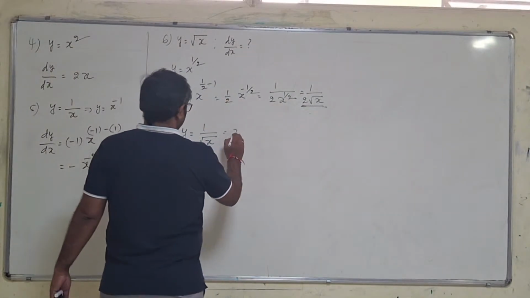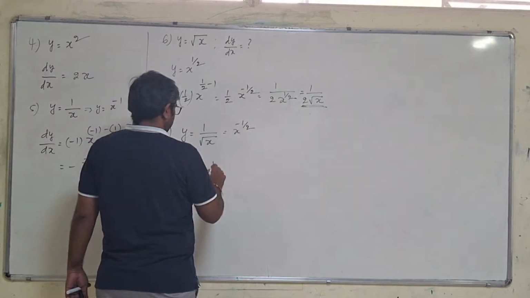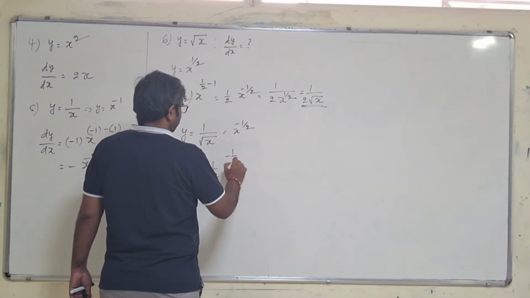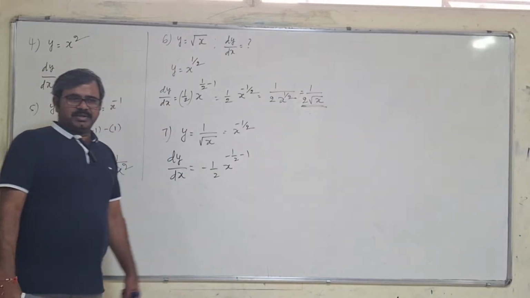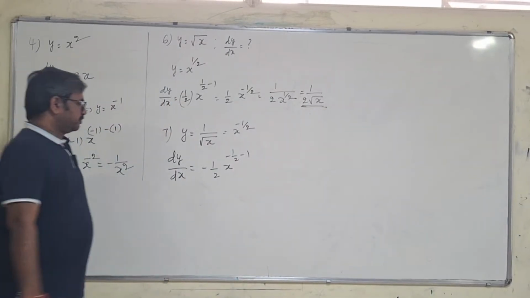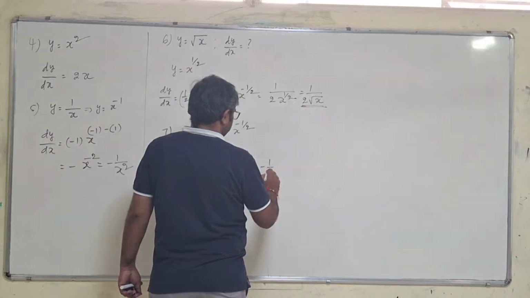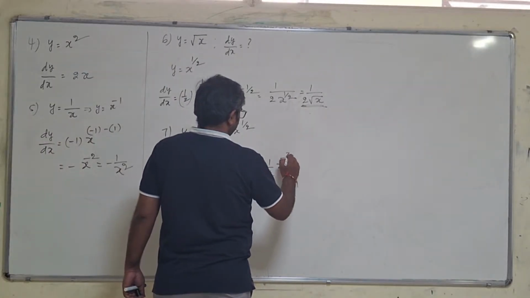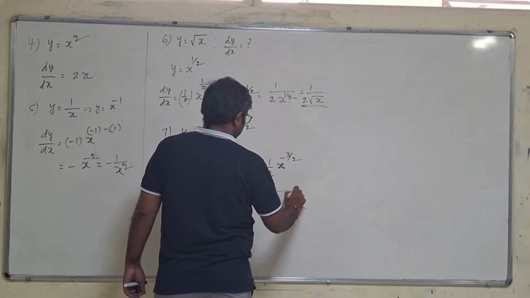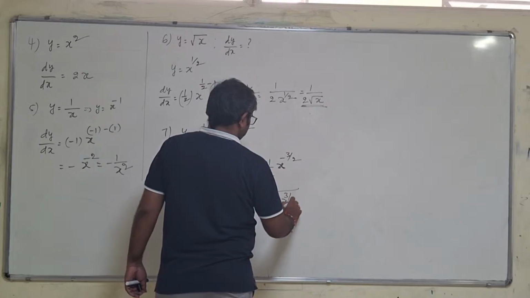This is x to the power of minus half, right? So minus half into x power minus half minus 1, x power minus 3 by 2. So this is minus half into x power minus 3 by 2, or minus 1 by 2 x power 3 by 2.